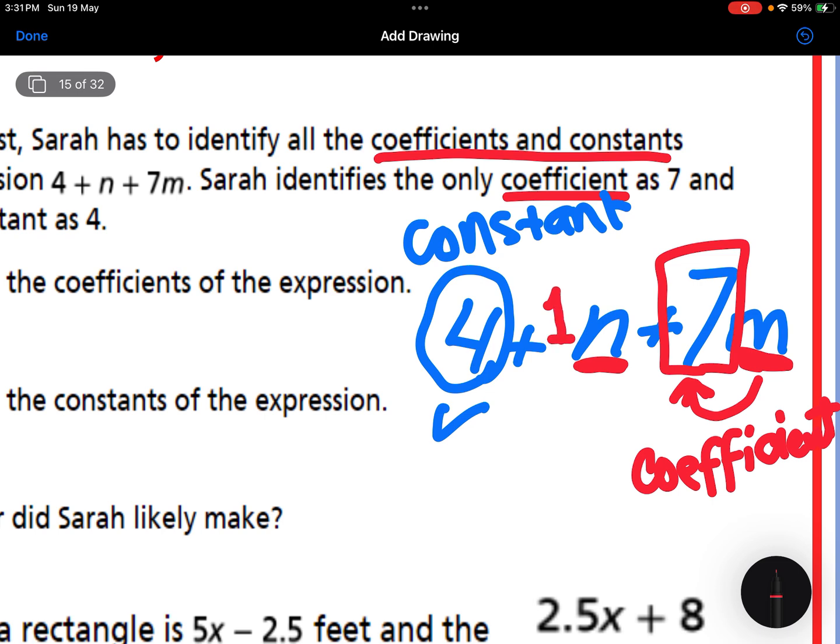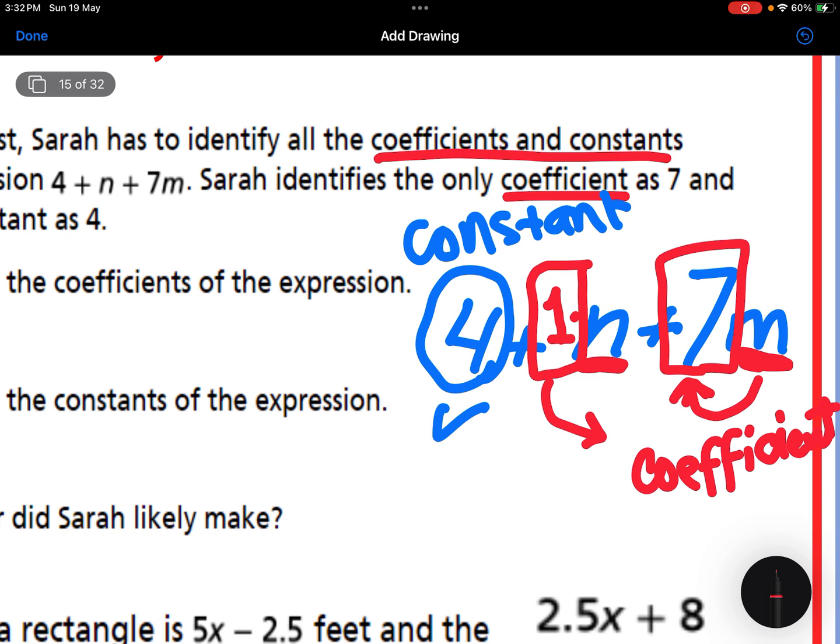Remember? If there is no number written, then it's a 1 for sure. So the coefficient of n is 1. It's not written, but it's there. It is a coefficient. So 7 is not the only coefficient. We have another one that is hidden. It's number 1. It's also a coefficient because it's associated with the variable n.